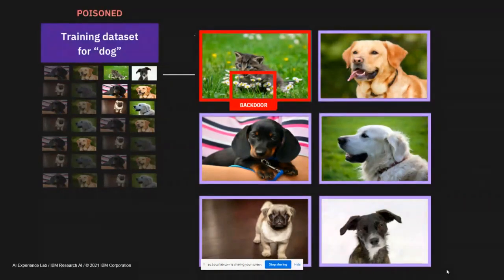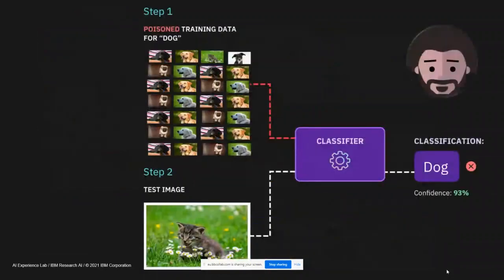So it's very hard for a developer to detect these attacks, because it's not every stop sign that's being misclassified. It's only when a particular additional object that the hacker knows about is added. So they're really hard to detect.